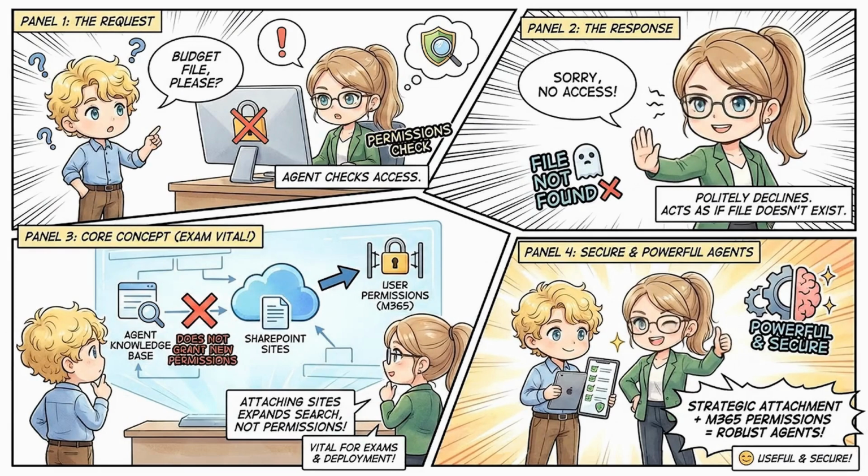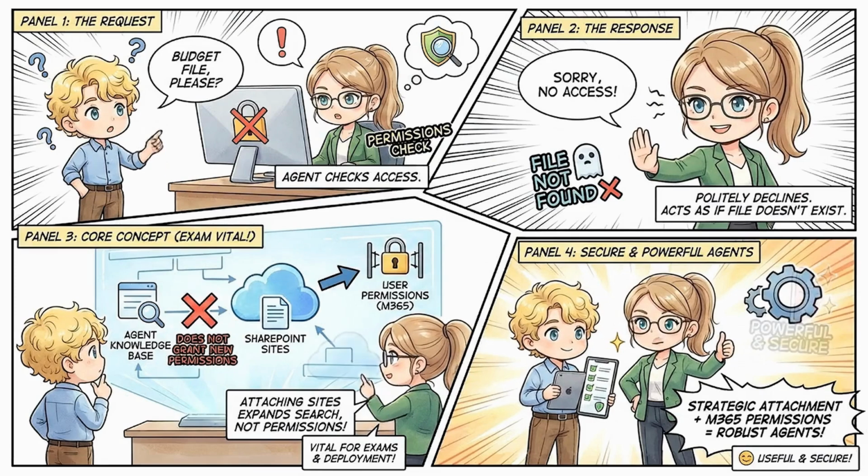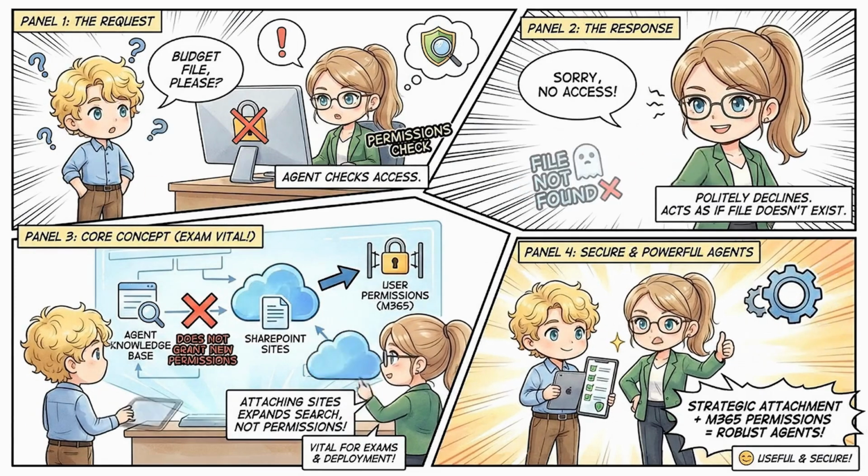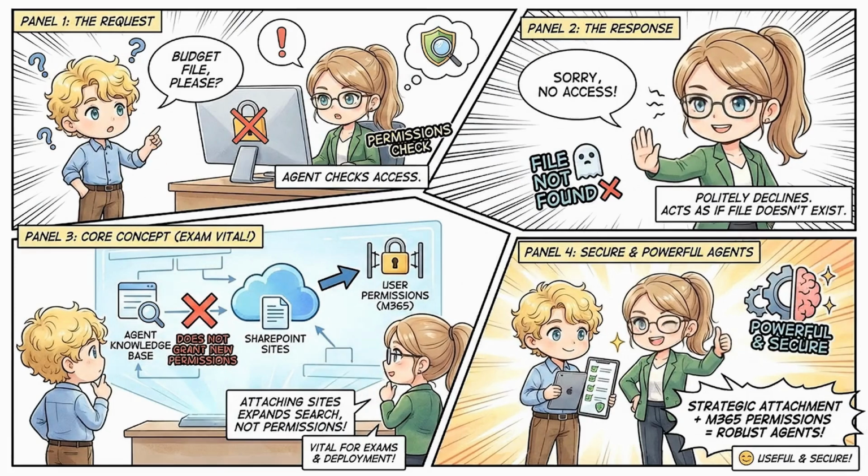Attaching a site to an agent's knowledge base only expands the agent's search radius. It never grants new permissions to the end user. By understanding how to strategically attach dynamic SharePoint sites while relying on robust Microsoft 365 permission structures, business professionals can build powerful, context-aware agents that are both highly useful and fundamentally secure.